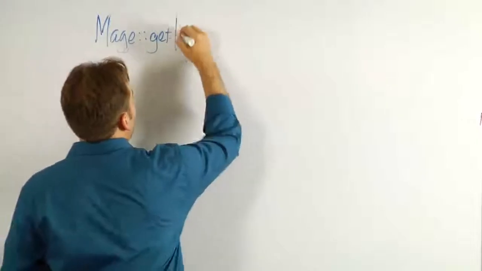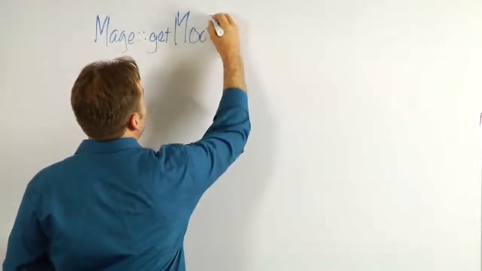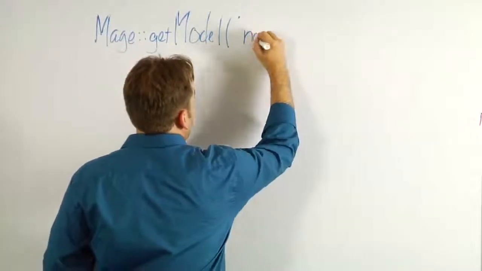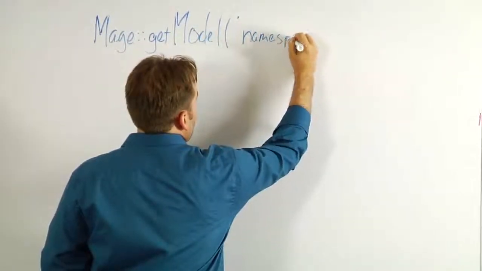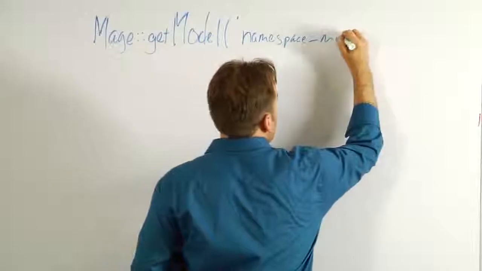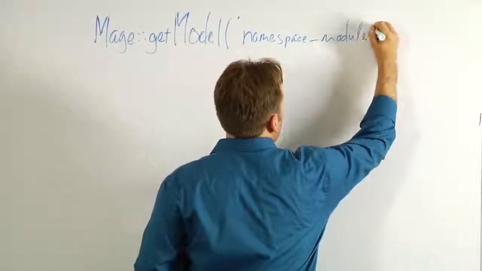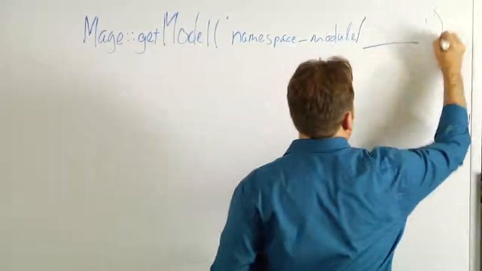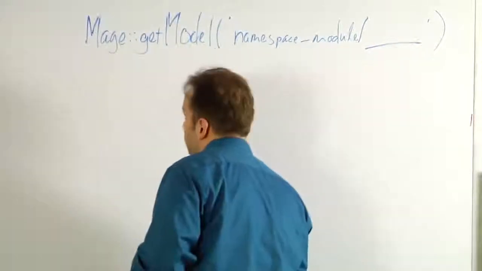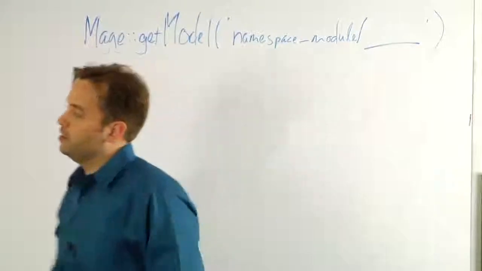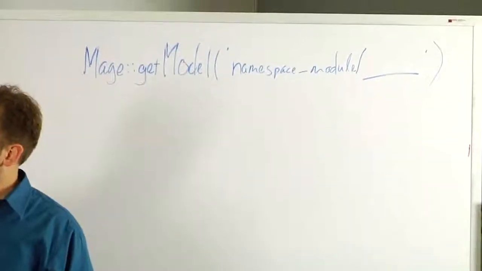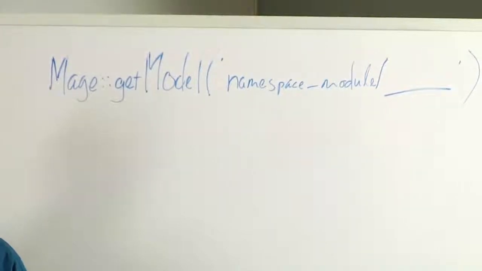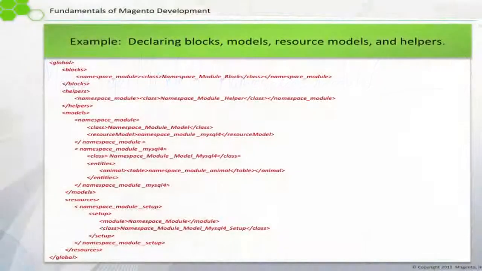Well, I'll do getModel since I've started writing get. getModel. And in this case, I would have to say namespace module. And then whatever I'm going to instantiate after that. And then the system, of course, based on what I've provided here, is able to connect models, namespace module with this class, with this path to my files.